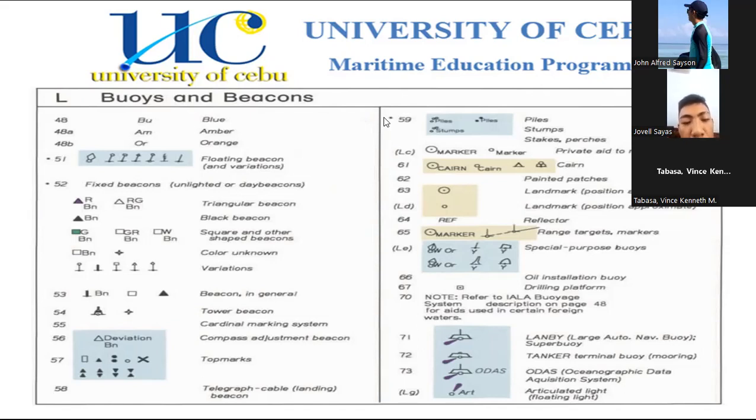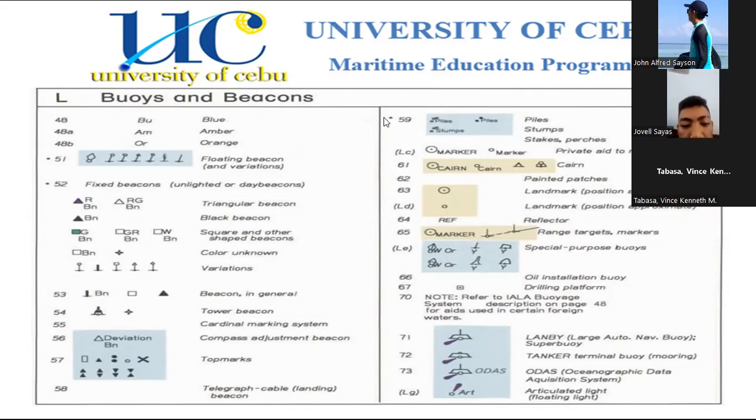Special purpose buoys: 66 is oil installation buoy. 67 is drilling platform. 70 refers to the Ayala Voyage System description on page 48 for aids used in certain foreign waters.